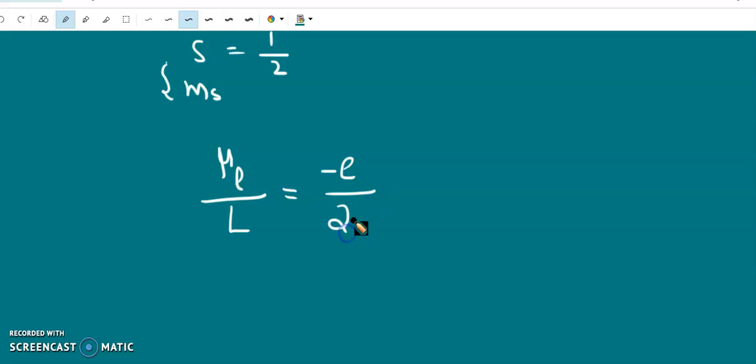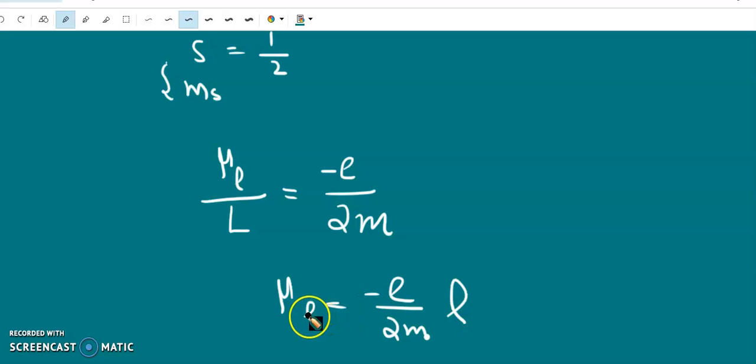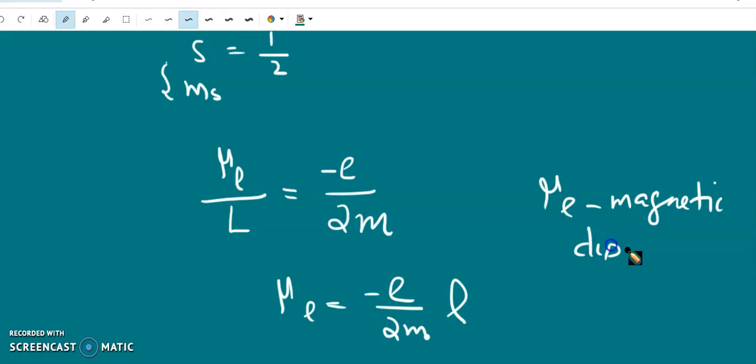That is minus e by 2m for the orbital motion, and therefore mu L is equal to minus e by 2m into L, where mu L is the magnetic dipole moment due to the orbital motion of the electron. The electron executing a circular motion acts as a magnetic dipole and has got a magnetic dipole moment, and since it is due to orbital motion, we put a subscript L over here.